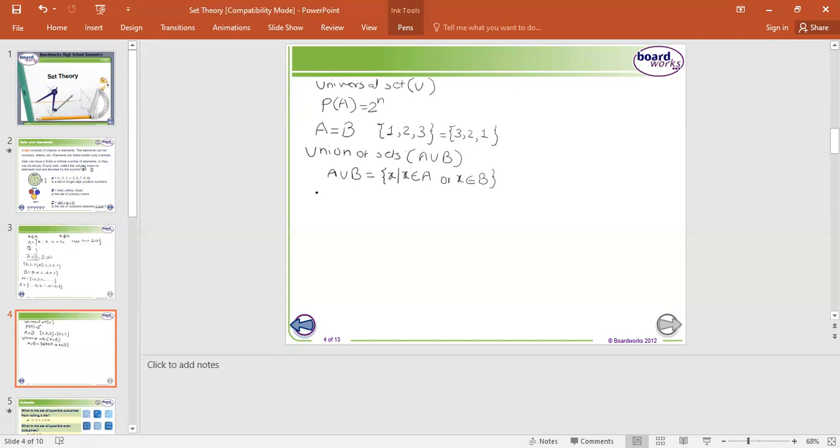Example, A contains elements 1, 2, 3, and B set contains 1, 2, 4, and 5.